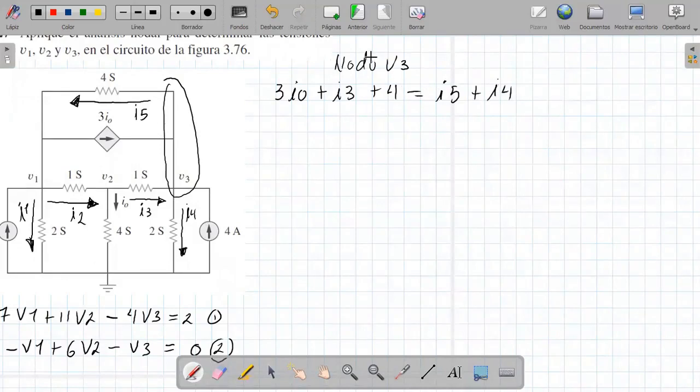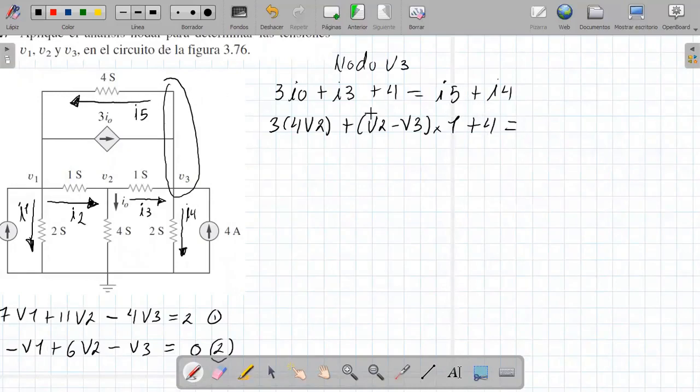Well, we already said i0 is 4 times V2. The V3 times 1, which is the conductance, plus the 4 amperes.